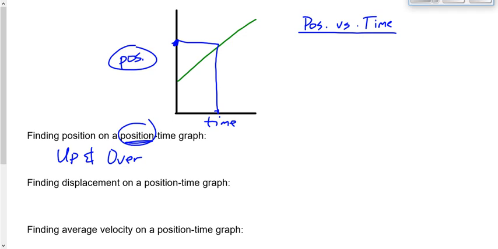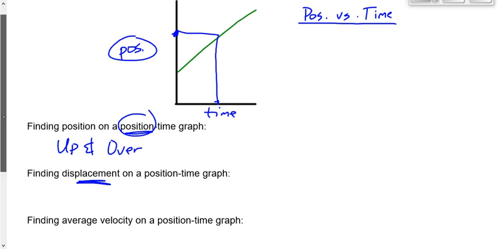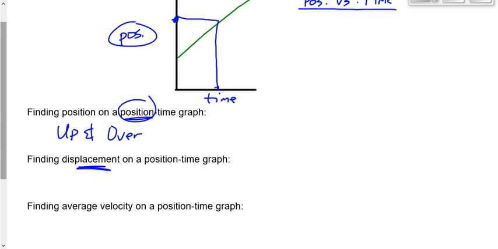Now, what about displacement? What do we define displacement as? Change in position. So if you want to find displacement, well, you're going to find position twice, and then subtract them, right? So you're going to go up and over twice, and then subtract.